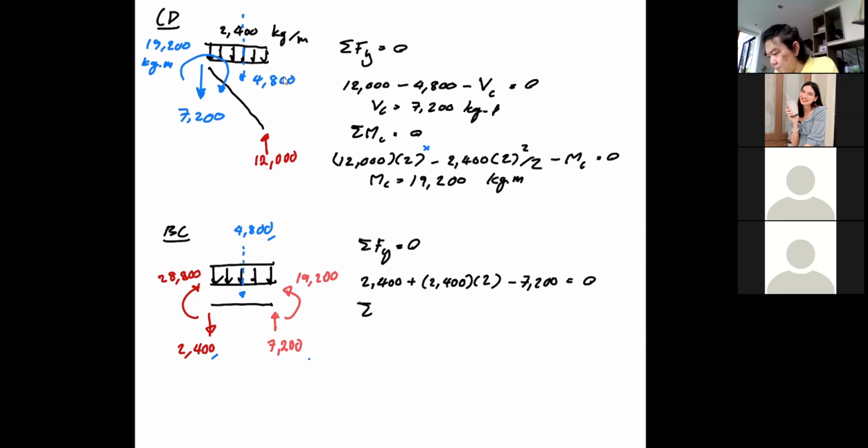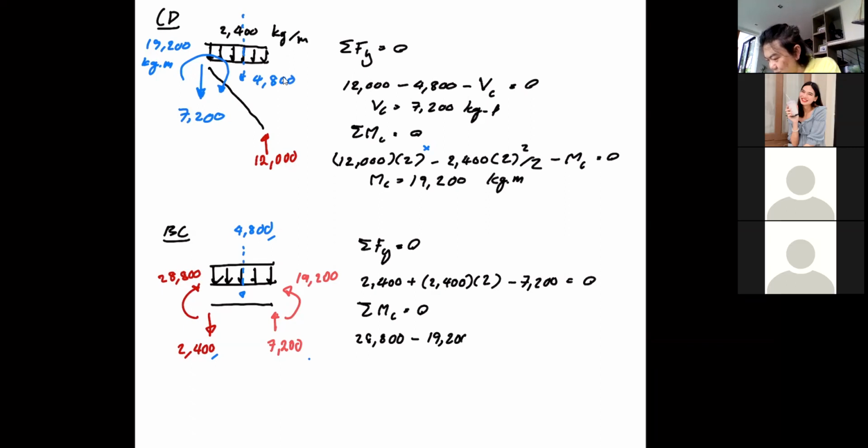Now it doesn't matter. Maybe sigma MC equal to 0 is better. So now we have 28800, that is clockwise, okay, minus the counterclockwise moment.